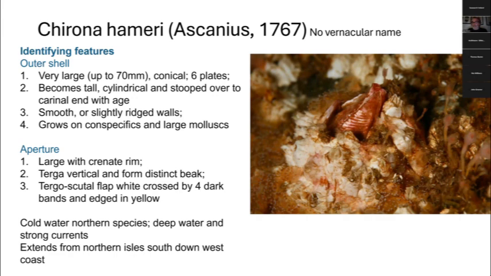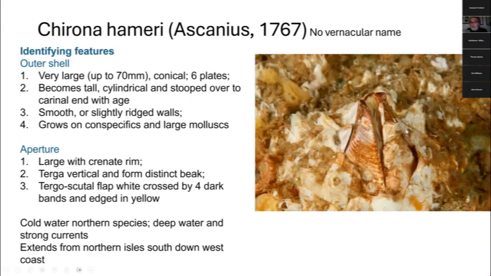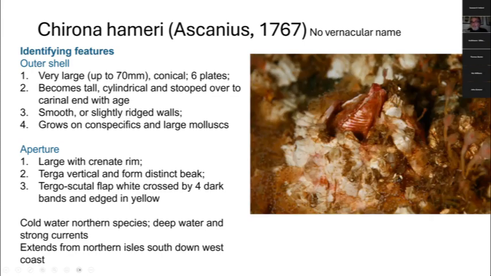Some more photographs. These photos are all from Corryvreckan, I should point out. You can actually see other Chirona growing on this large Chirona, and you can see the same thing here. Chirona growing on Chirona. The thing that they like in their environment is current. Okay, depth as well, but they are found in shallow water as long as there's lots of current. And they've been found growing, for instance, on tidal energy devices in 2 or 3 meters.